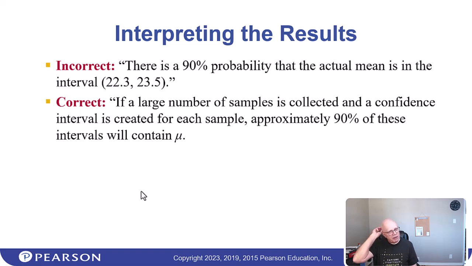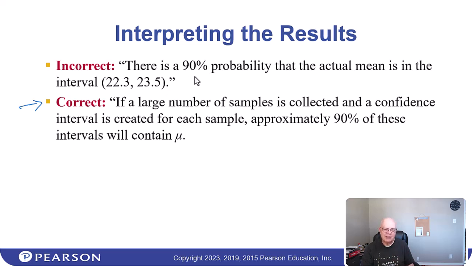This is a little bit picky, frankly. Aim to write it like this. This is another wording saying the same thing, just rearranging things a tiny bit. Saying there's a 90% probability that the actual mean is in there is incorrect.